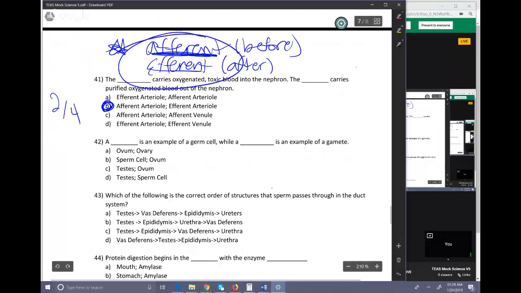This is very, very important, and this arterial venule is very important. There is definitely some questions about the afferent and efferent arterioles on the test. They don't come up as often as other questions, but they're definitely there, and it's very important to know the prefixes of af and ef, and it's very important to know how to determine if something would be arterial, venule, capillary, and so on at a given location in the body.